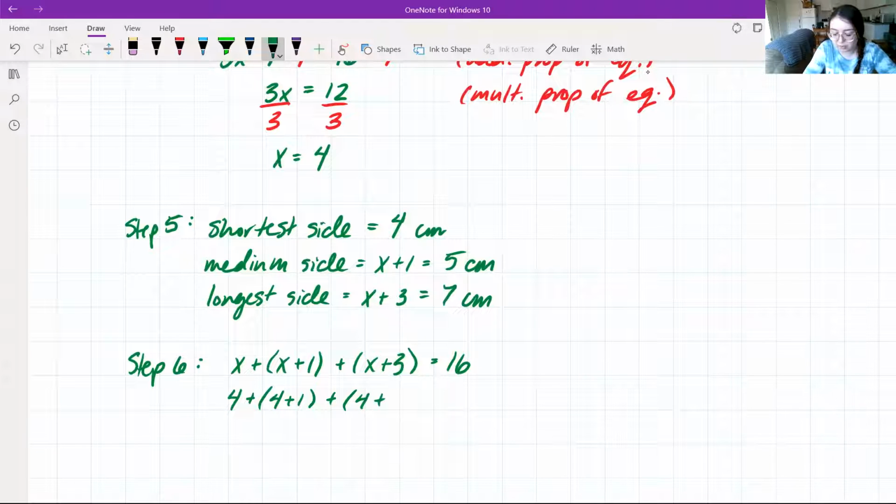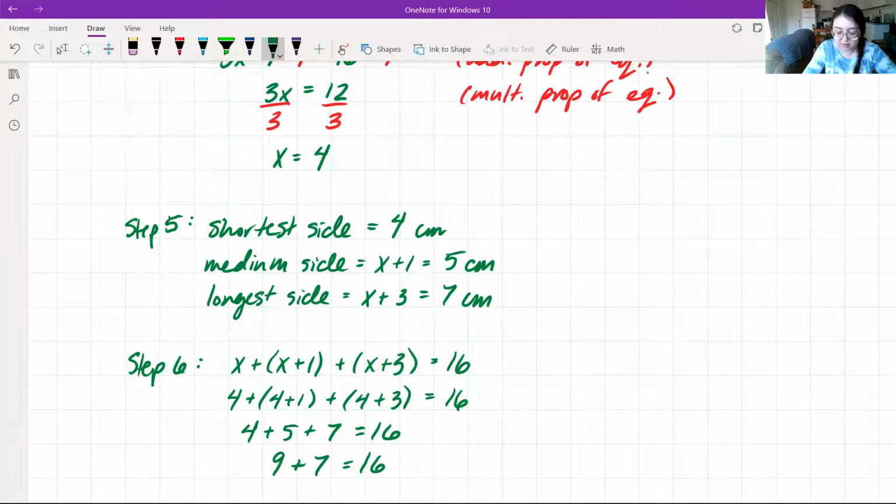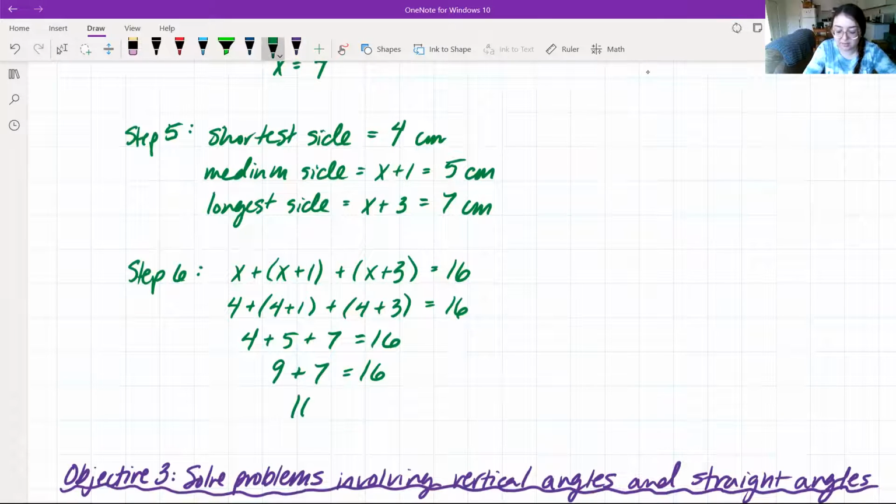So we have 4 plus 5 plus 7. And so we add these values, 4 and 5 is going to be equal to 9, and 9 plus 7 is 16. So our solutions are correct.